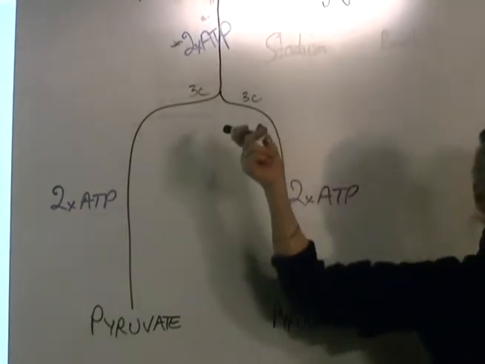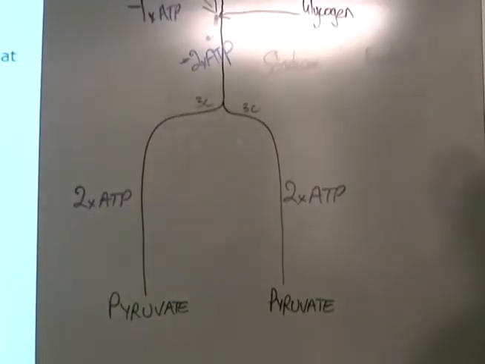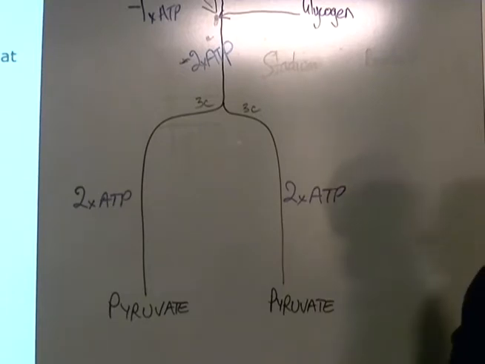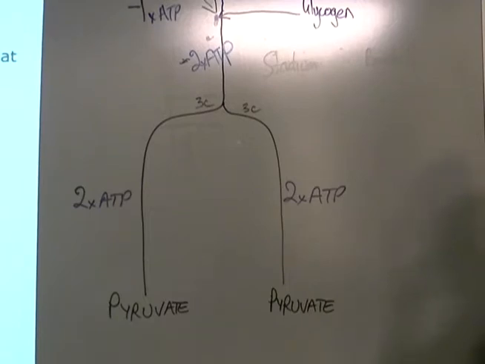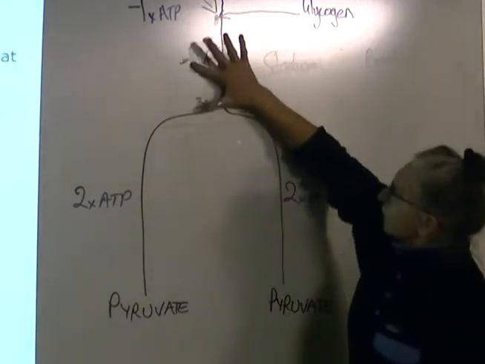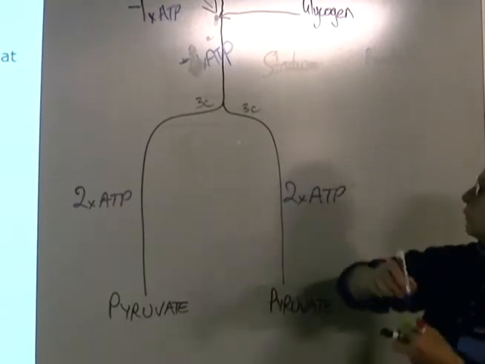Pyruvate is a 3-carbon molecule that becomes important later on. That should be 1. Sorry.